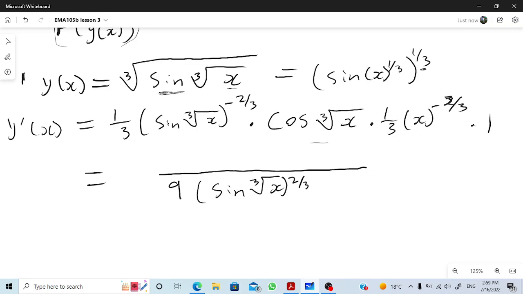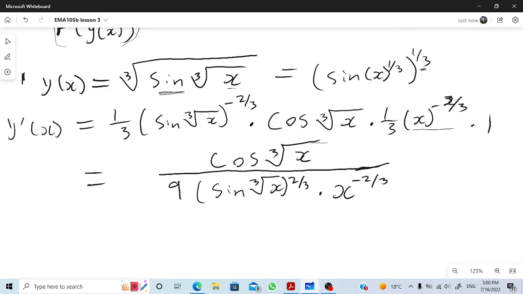Now I'm coming to this term. This term is positive, so it's going to be in our numerator. This I multiplied already, then we got 9. Then I'm coming to this term, multiplied by x. Since it's in the denominator, that negative fades away, so we have x exponent 2 over 3.